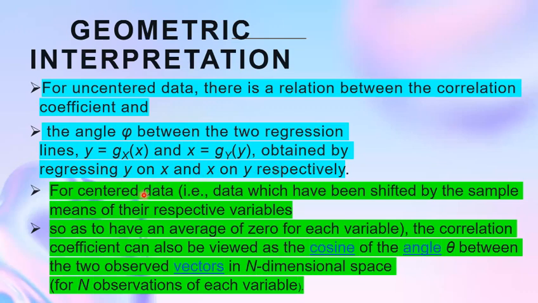For the centered data, that is the data which have been shifted by the sample means of the respective variables so as to have an average of 0 for each variable, the correlation coefficient can also be viewed as the cosine of the angle sigma between the two observed vectors in the n-dimensional space for n observations of each variable.